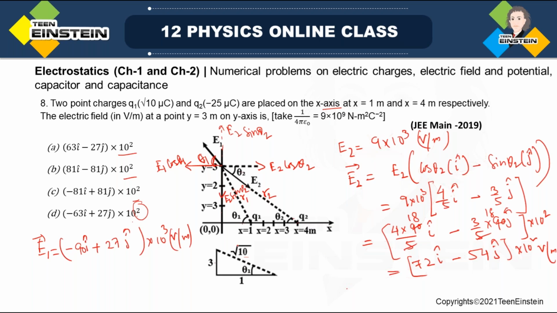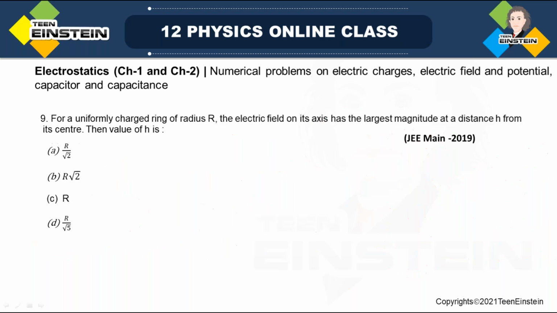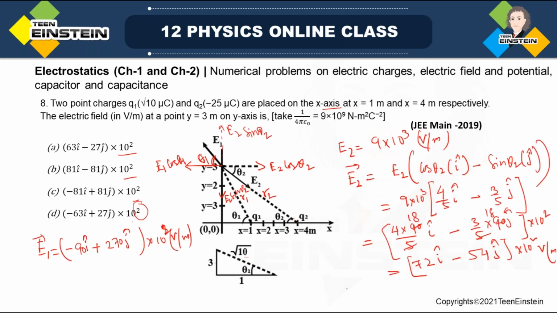Okay, so we'll just do one thing. Let us make it 10 to the power 2 itself, and let me do the addition of these two vectors.